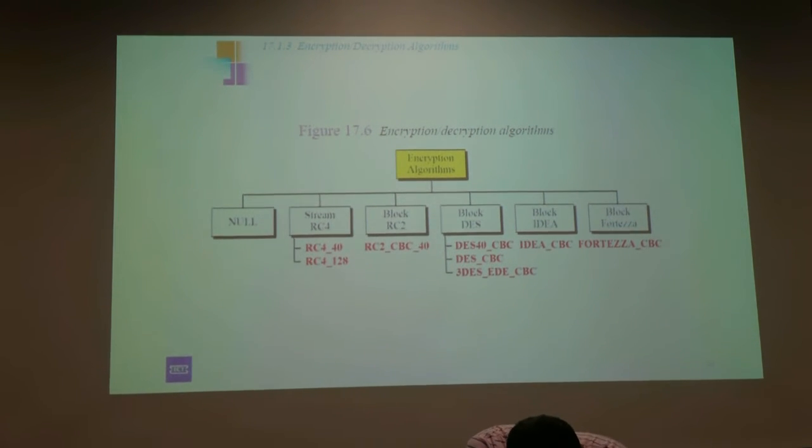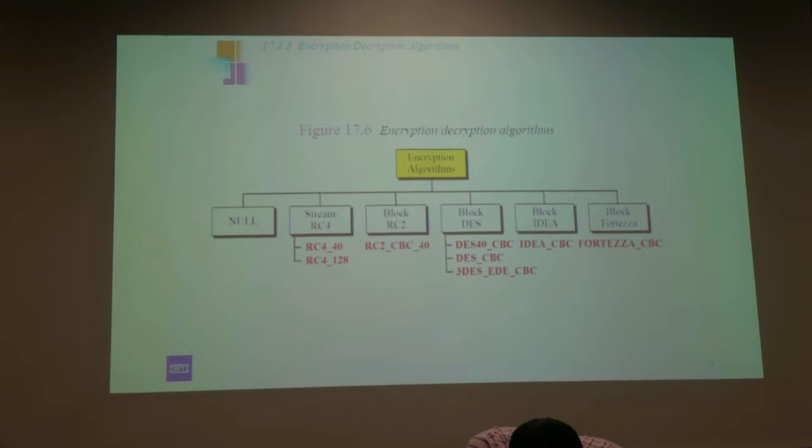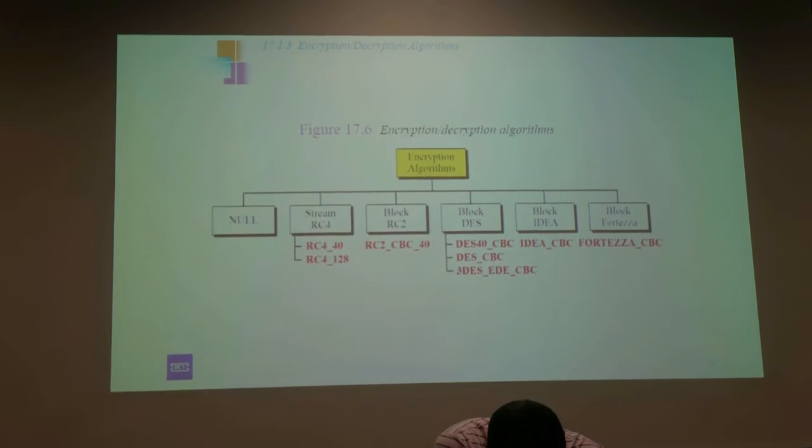How about the next one, the block RC2 algorithm, which uses a 40-bit key. Then DES. What's the problem with DES? Short key. It's not as secure as AES. And what is the size of the key? 168-bit. Then we have IDEA, which is 128-bit, and after that we have Fortezza.